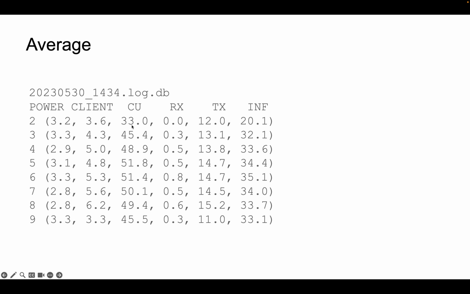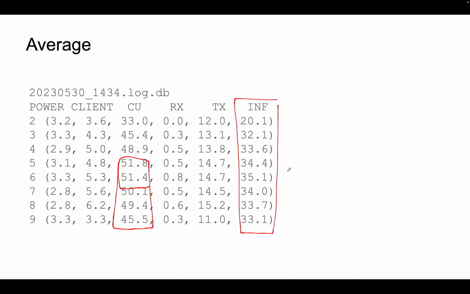CU is, wow, over 50. So I think it's a problem. Interference is very high, about 30 or 20. So something is wrong, I think.